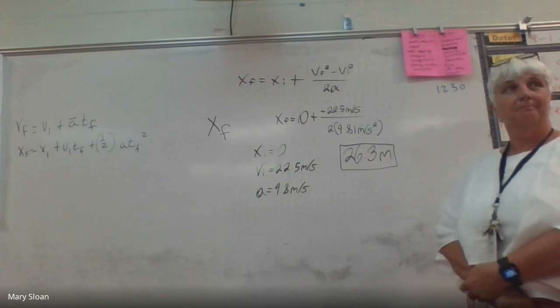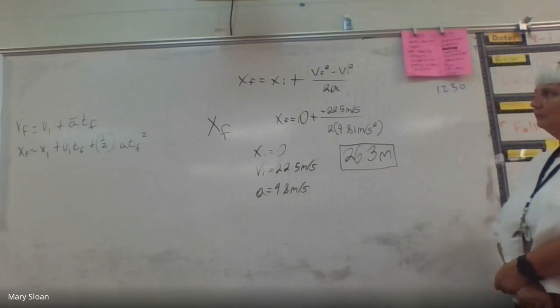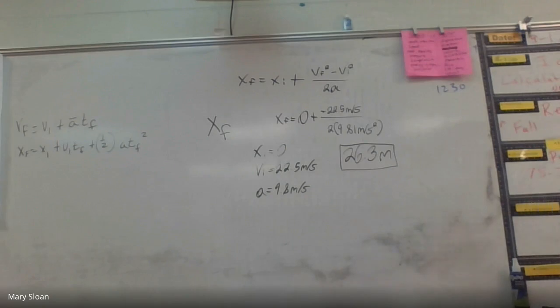I don't know what the final time formula is. Okay, so what would make sense to you? We have the initial position, we have the final position, we have acceleration. And so can we find out what the final time is?